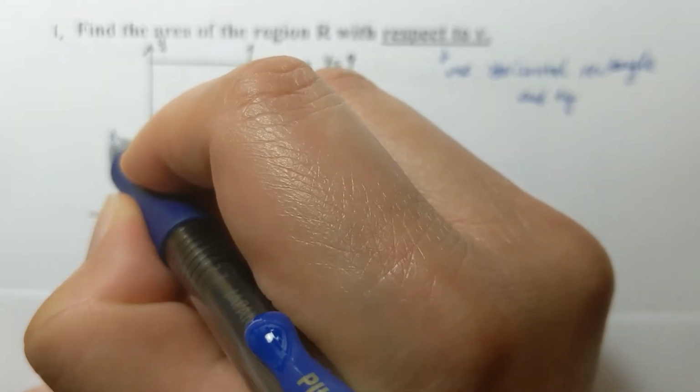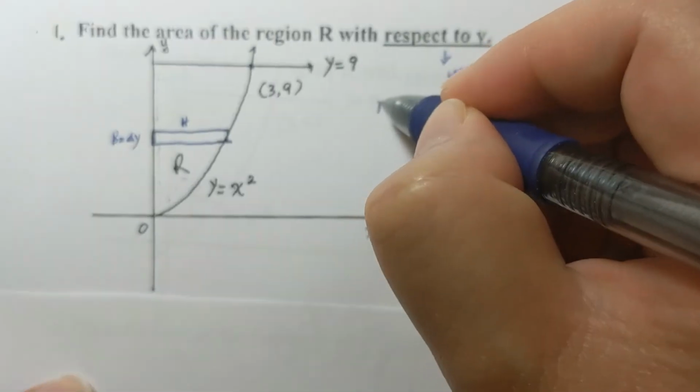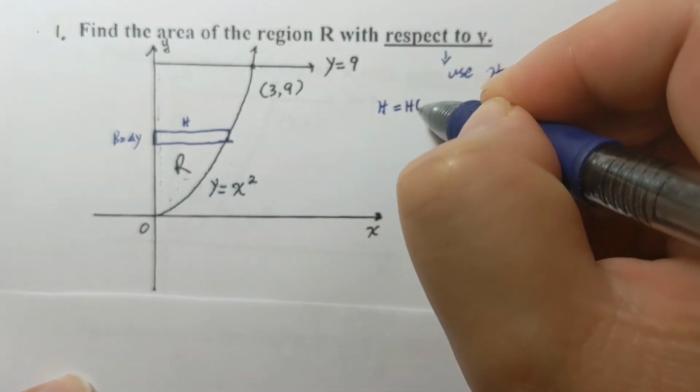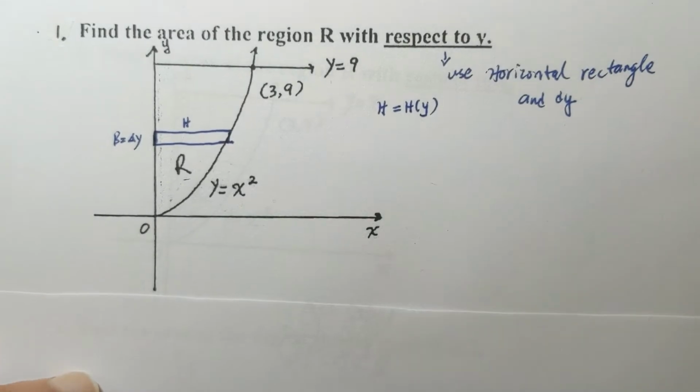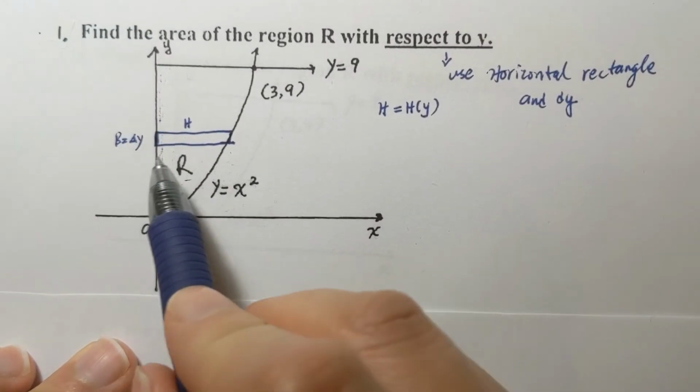base is going to be delta y, and then the height is going to be a function of y. So that is why we're going to use the right function and the left function.